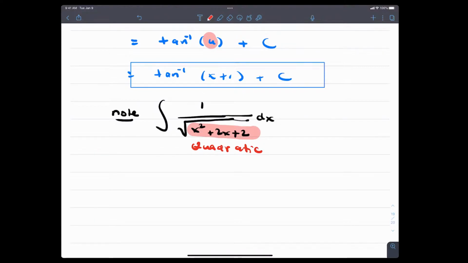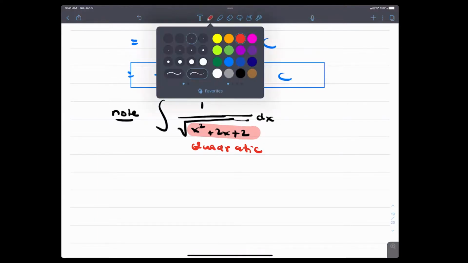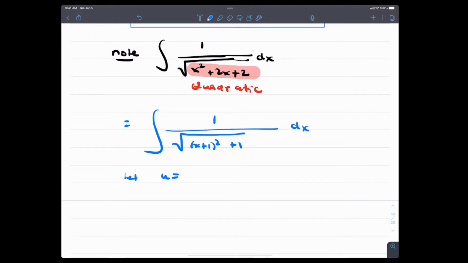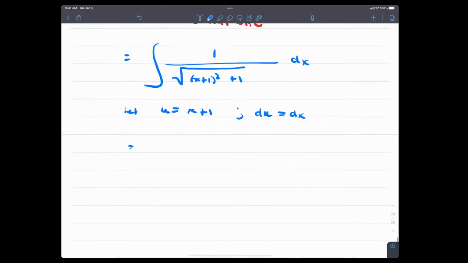You might say, well, what do I do with that quadratic? Well, it's the same exact process as this integral, using the complete the square, you got x plus 1 squared plus 1, right? And now you let u be x plus 1, where du is dx.